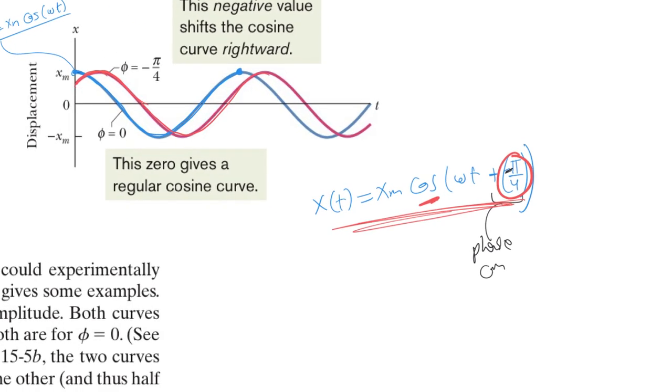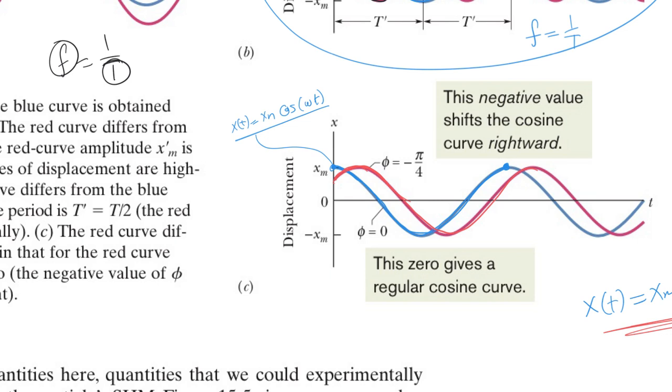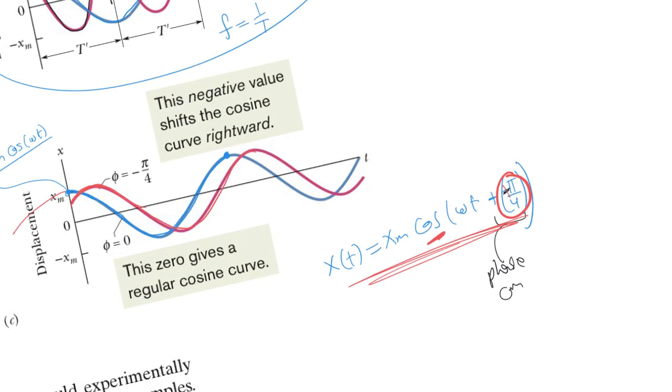But if, for example, it is positive, this will make the cosine function move to the left. To make this more clear, for example, if we have here x, and here the t, and here the x(t), and we have the cosine function.